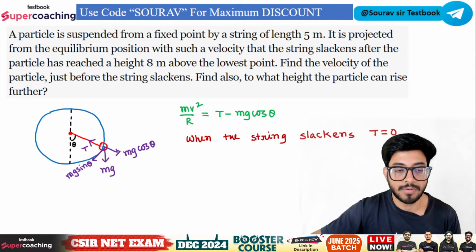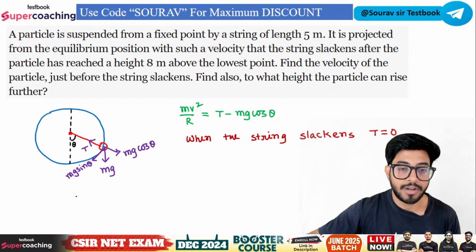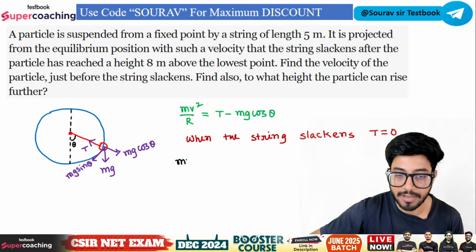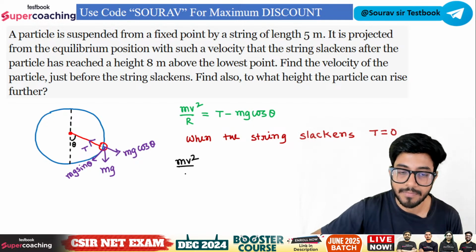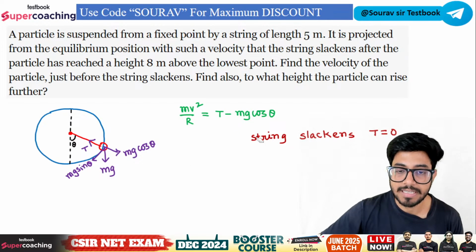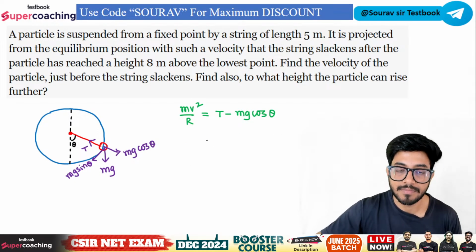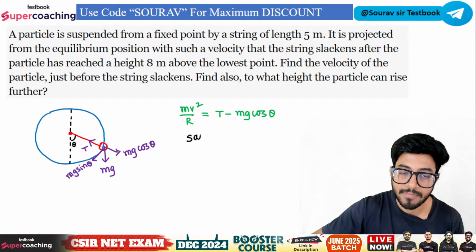If tension is zero, then at that point what will the velocity be? mv square by r, or say the string slackens at point P.